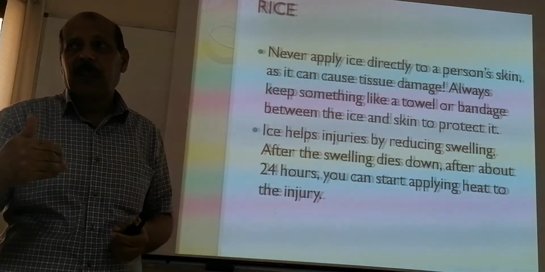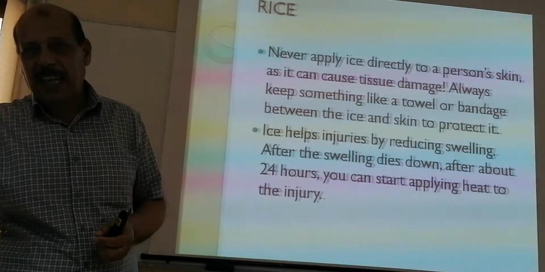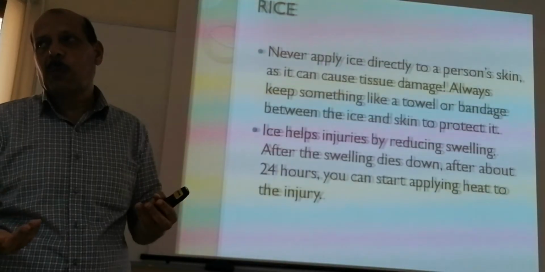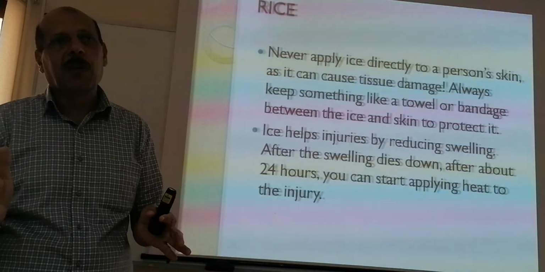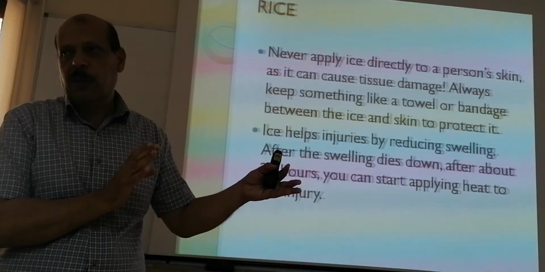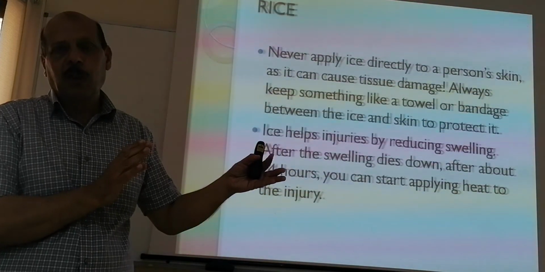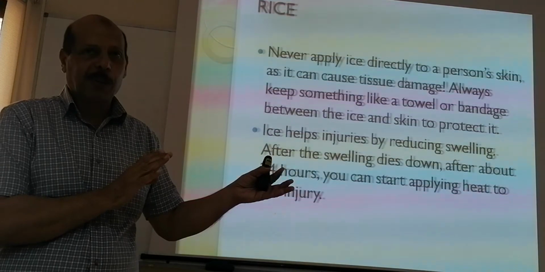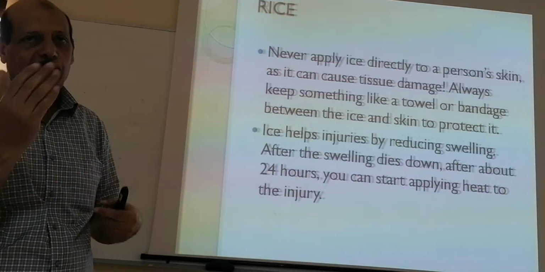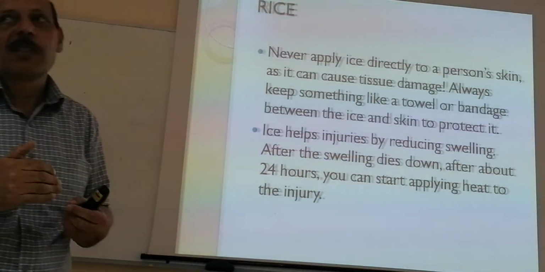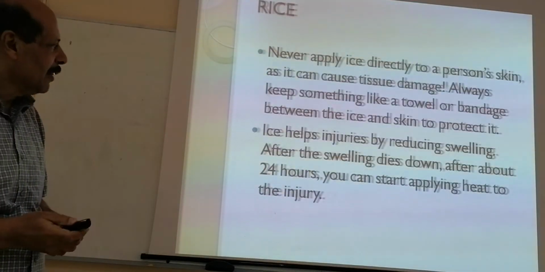But after that, we want the fluid which has already escaped outside to come back. It also depends upon the type of injury. Sometimes it might be after 48 hours, after 2 days, that we can use hot compresses in order to enhance reabsorption of the fluid.